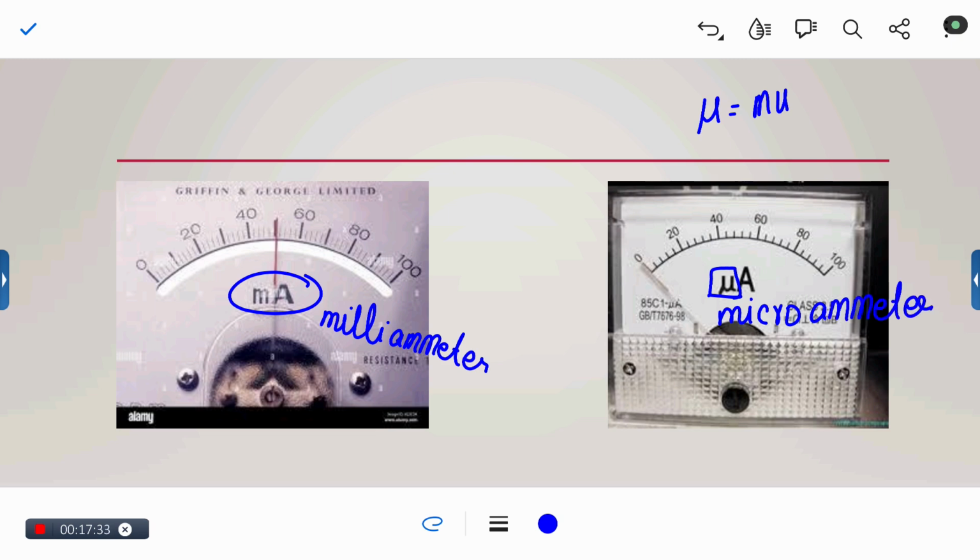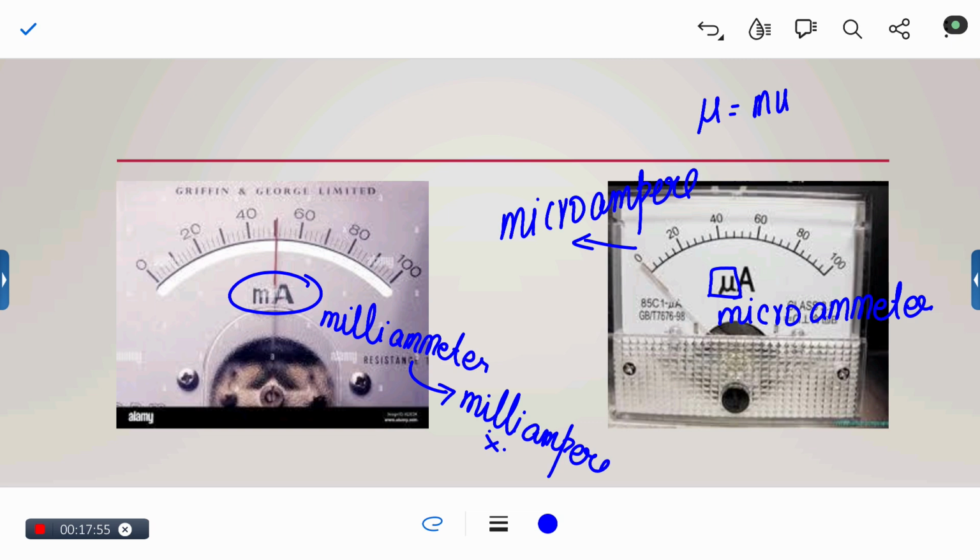So whenever you are using microammeter, the unit of current is expressed in the form of microampere. And if you are using milliammeter, the unit of current is expressed in the form of milliampere. These things we need to remember carefully.